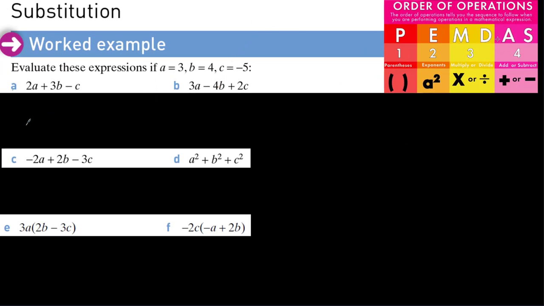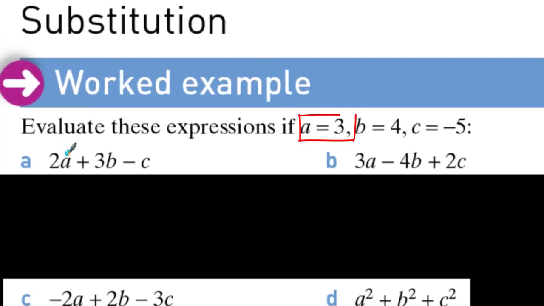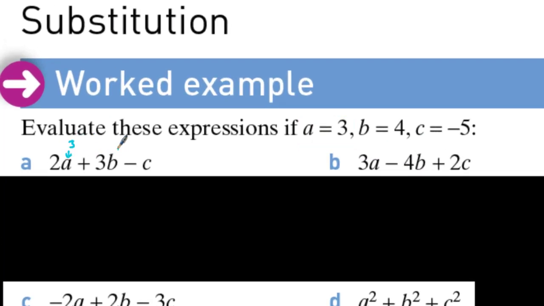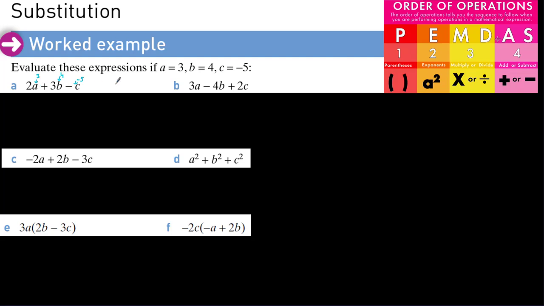Okay, let me continue with the first question. Evaluate the expressions if a is equal to 3, b is 4, c is -5. Instead of a, I'm going to substitute 3. Instead of b, 4. And instead of c, I'm going to write -5. When I say 2a, 2a means 2 times a.